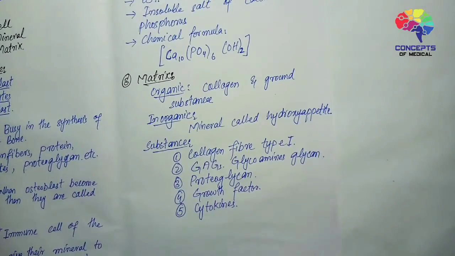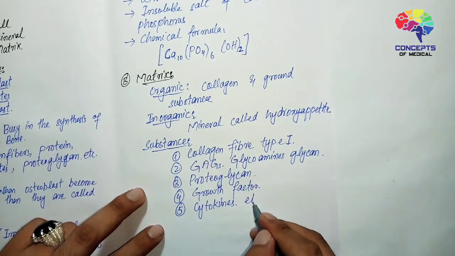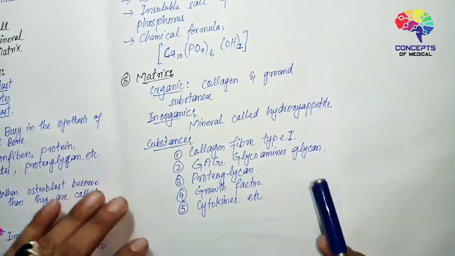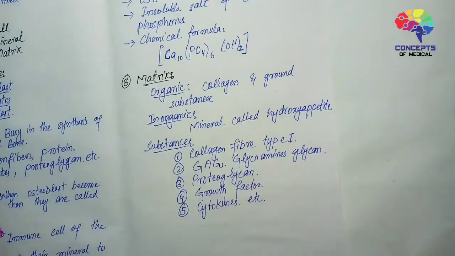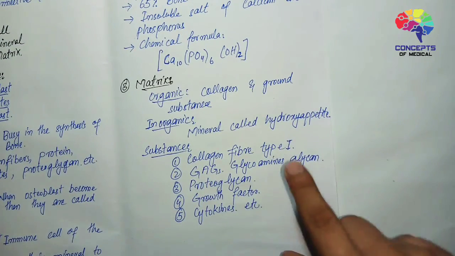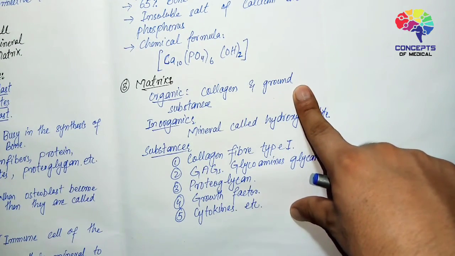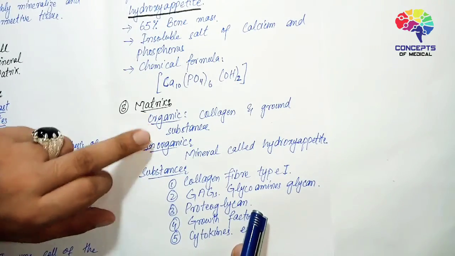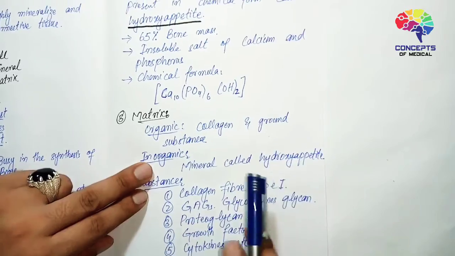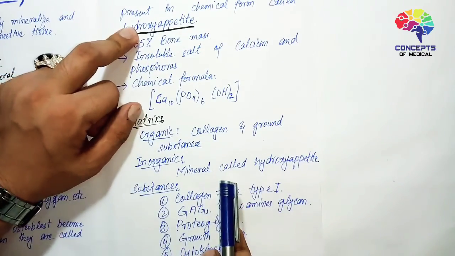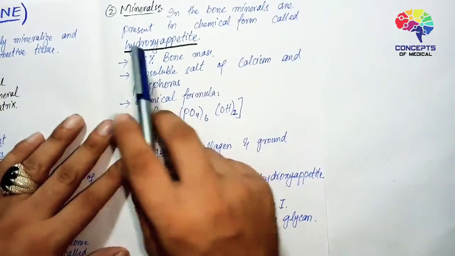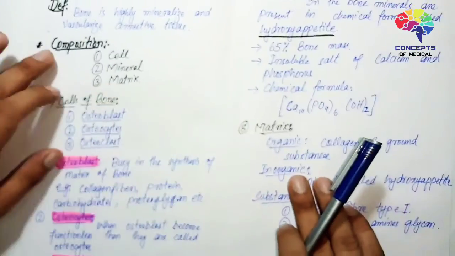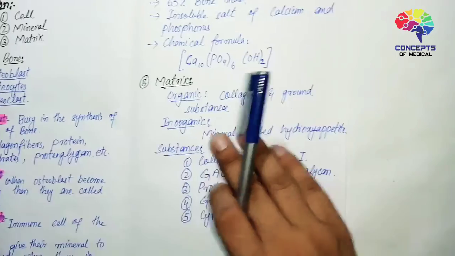There are more as well, but we have just mentioned these five. So the matrix makes up the mass of bone, consisting of organic and inorganic parts, and the inorganic part is hydroxyapatite, the minerals of our bone, which is present in the matrix, and cells are also present in our matrix.